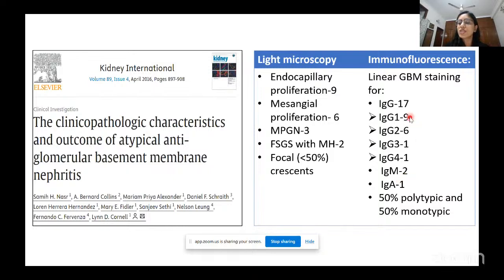If we look at the IgG subclasses, the most common were IgG1 and IgG2, whereas in a typical anti-GBM, IgG3 is usually the most common, followed by IgG1. Also, 50% of the cases showed monotypic staining of the light chains, but on serology, only 3 out of these 20 cases had light chain restriction.